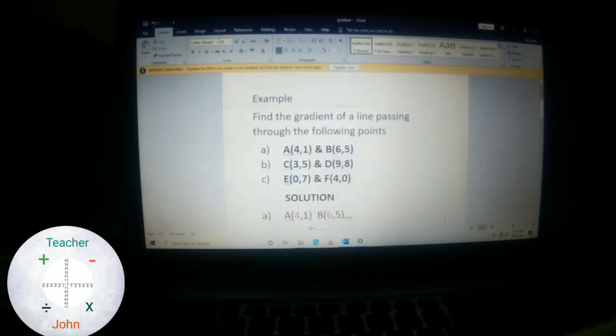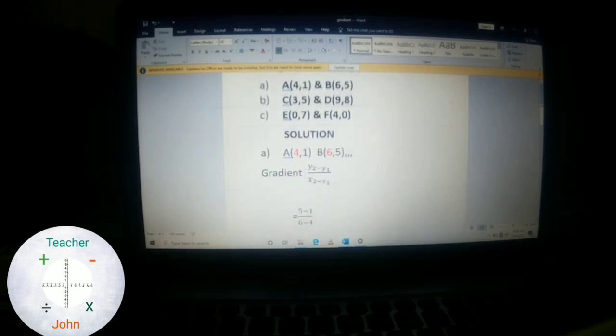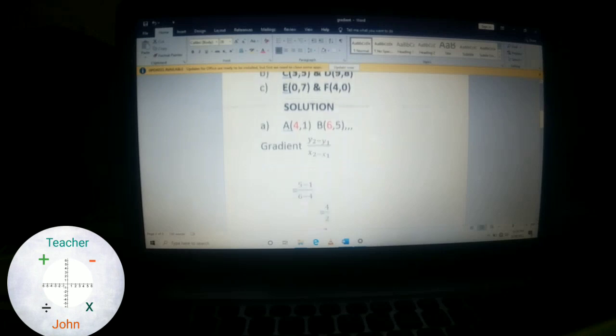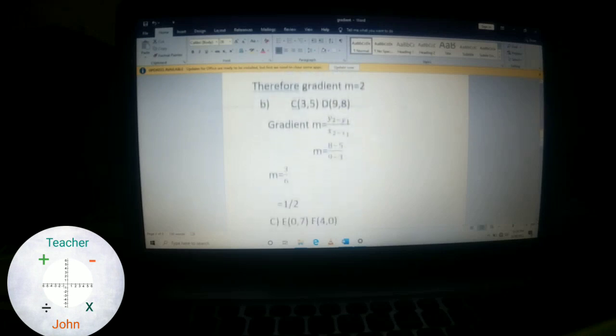When you are given two points, each one has x and y, so this is (x1, y1), (x2, y2). Then you just substitute in our formula y2 minus y1 over x2 minus x1. The value you get will be our gradient m. So that is how we can go about that question.